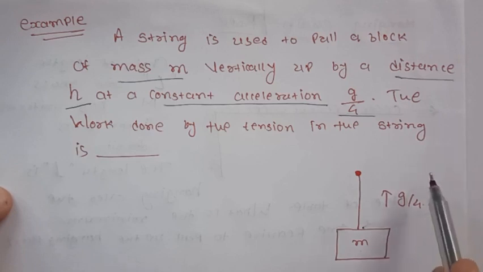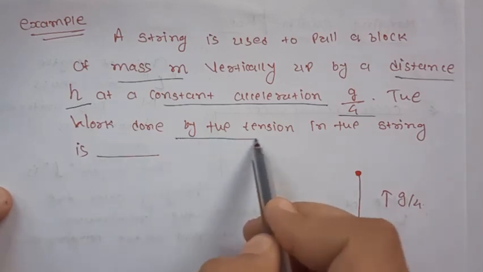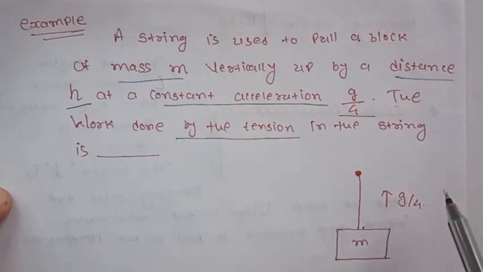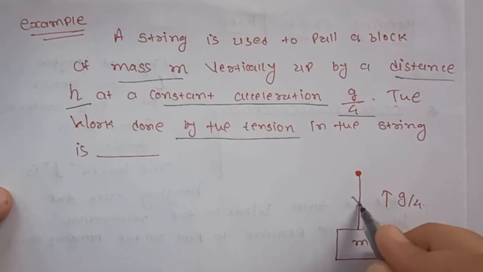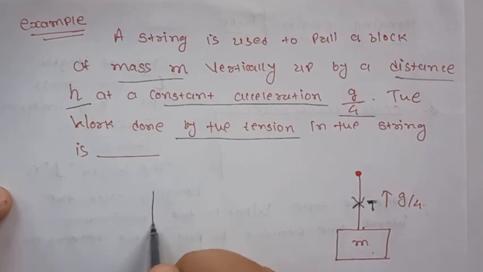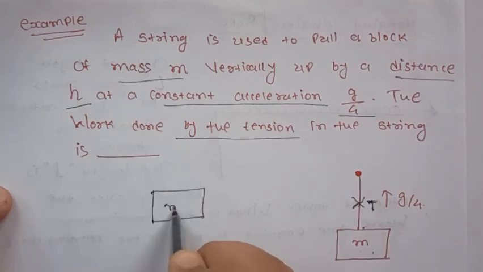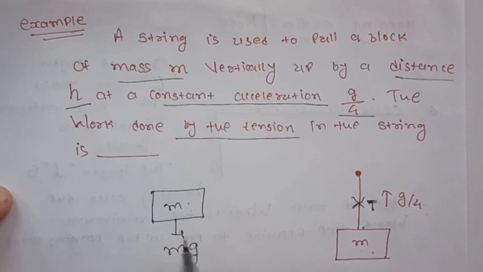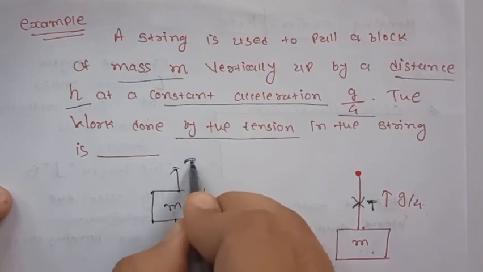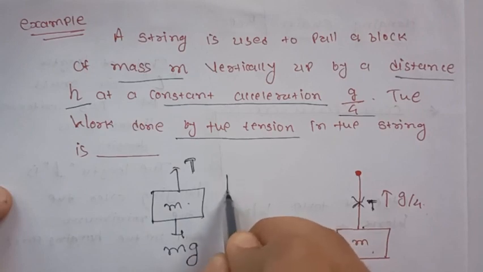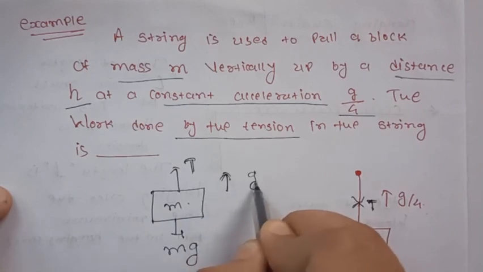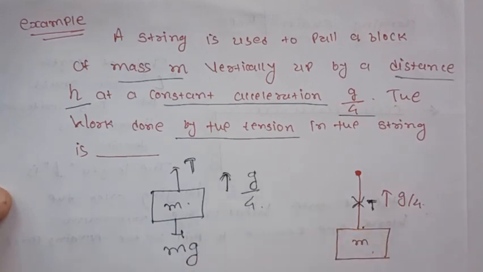We want to find the work done by the tension force. Here the tension force will be created in the string. If we draw the free body diagram of the block, then the gravitational force is mg in the downward direction, the tension force is in the upward direction, and the net motion is in the upward direction with acceleration g by 4.